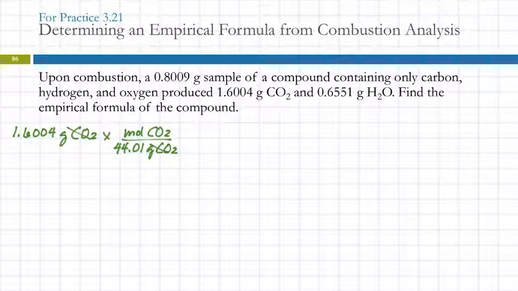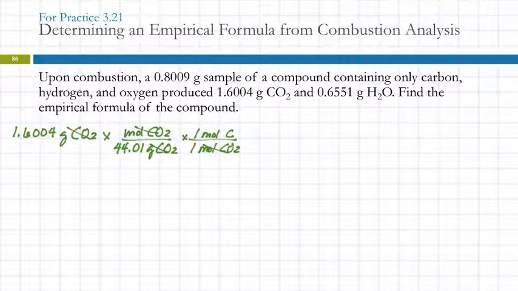So moles of CO2, the CO2 gives us information about carbon, and so we'll convert this to moles of carbon. And this is where I'm thinking ahead because I've done this so many times and I need to save space. Do we need moles of carbon to find the empirical formula? Yes, we do.